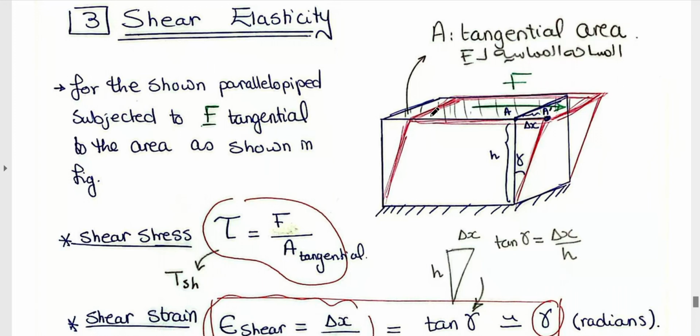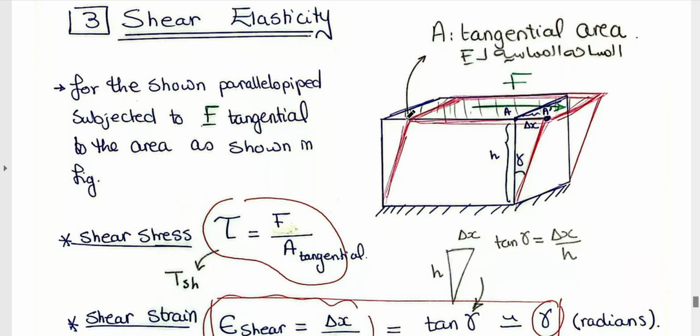This is the area and I'm applying this force tangential to it, but the lower base is fixed. When I examine this case, the upper plane or upper base will be shifted, but the lower base will be fixed.